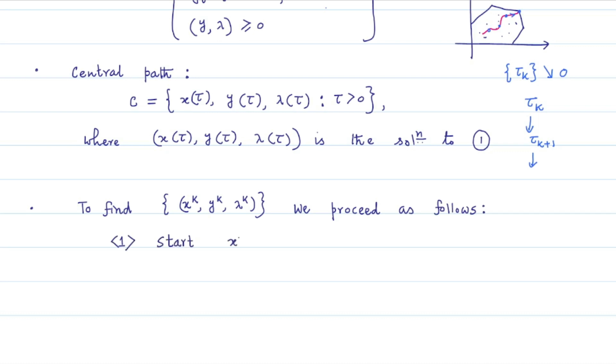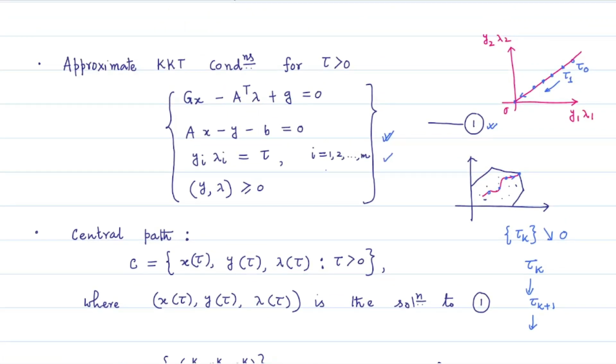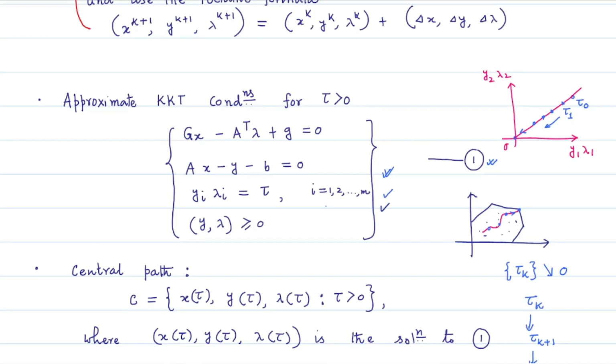We start our process with a given feasible point x naught, y naught, lambda naught that belongs to the interior of the feasible set. By the interior of the feasible set, I mean the following set, where you consider all the equations here, but you require that the components of y and lambda are all greater than 0.